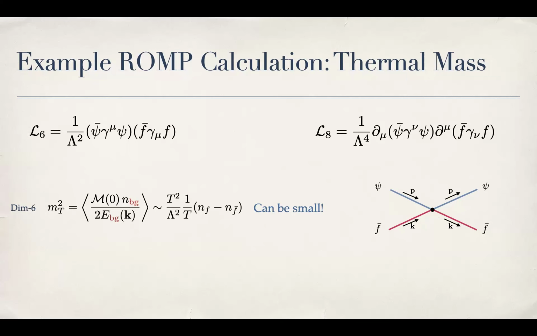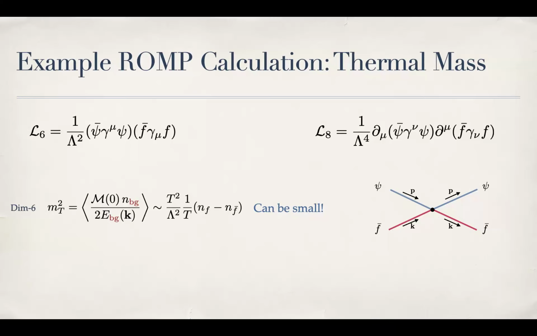In fact, if you take lambda to be at the weak scale, this is very analogous to how neutrinos get a thermal mass in the early universe. This is the dominant piece you expect, the dimension 6 piece, but it can be very small because the lepton asymmetry may be very small. In fact, Donoghue and Woodrow in their original work neglected this piece because they assumed that N_F minus N_F-bar was small. All this comes about simply because your forward scattering matrix element flips sign when you scatter between fermions and antifermions.